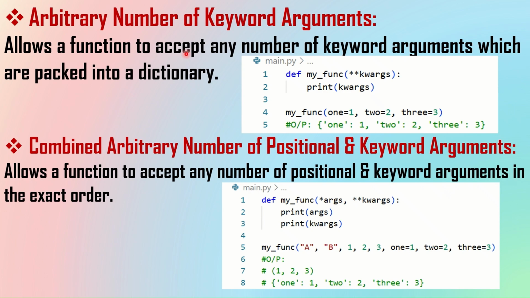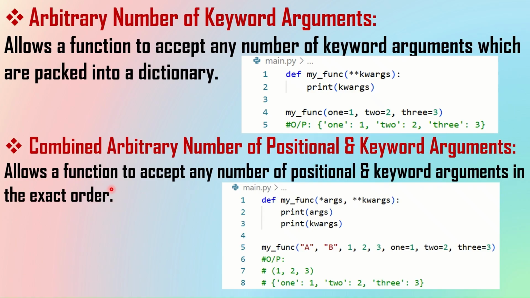Like this, we can pass n number of keyword arguments to a function definition by defining star star keyword args. Similarly, if we want to pass both positional and keyword arguments to a function definition, that comes under the combined arbitrary number of positional and keyword arguments. This allows a function to accept any number of positional as well as keyword arguments, but in the exact order.